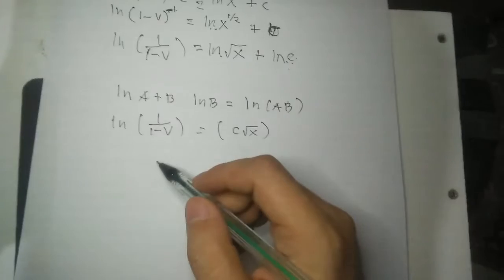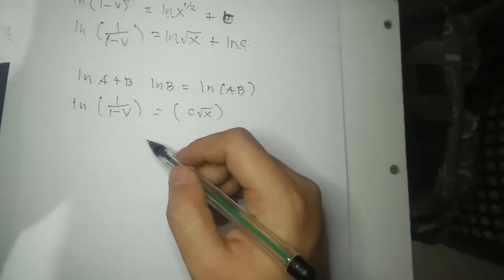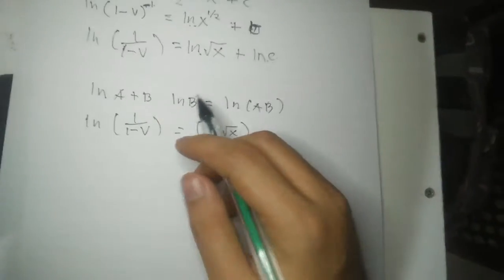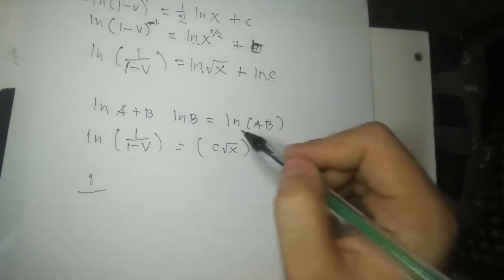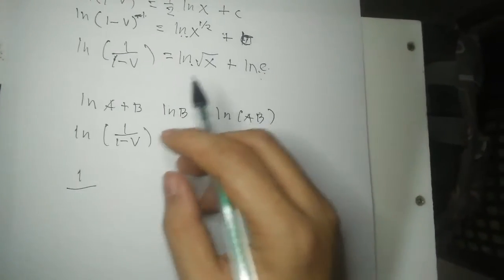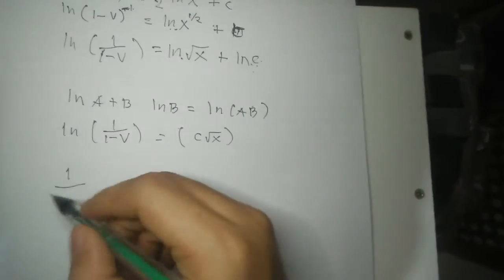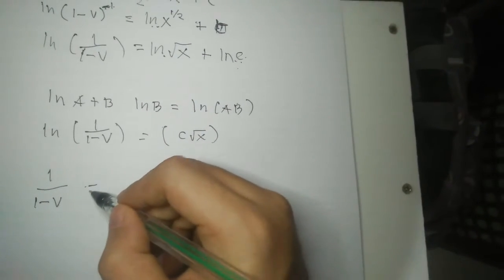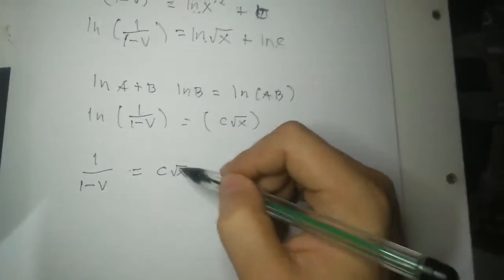And then we can set the expressions inside the natural log equal to each other. So 1 over (1 minus v) equals c times the square root of x.